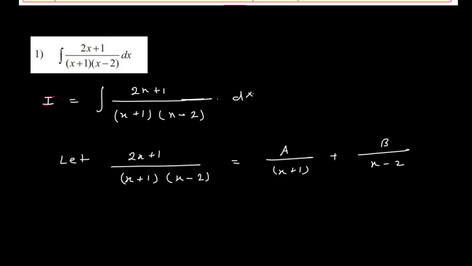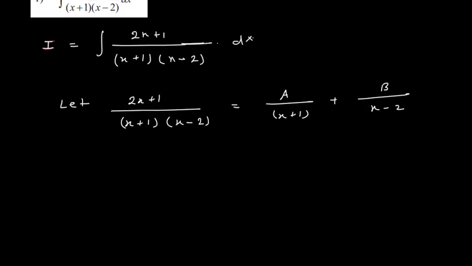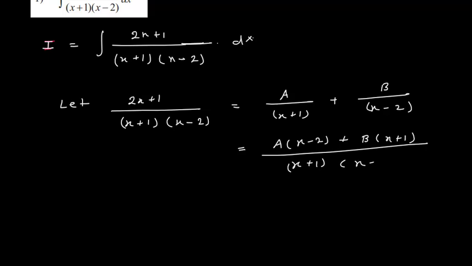Now let us see how we find the values of A and B. So first you cross multiply over here, meaning you make the denominator the same as what is on the left hand side. So this A you will multiply by (x - 2), so your denominator will become (x + 1)(x - 2), and this B you multiply by (x + 1). Okay, so you have A into (x - 2) plus B into (x + 1), and your denominator will be (x + 1)(x - 2).